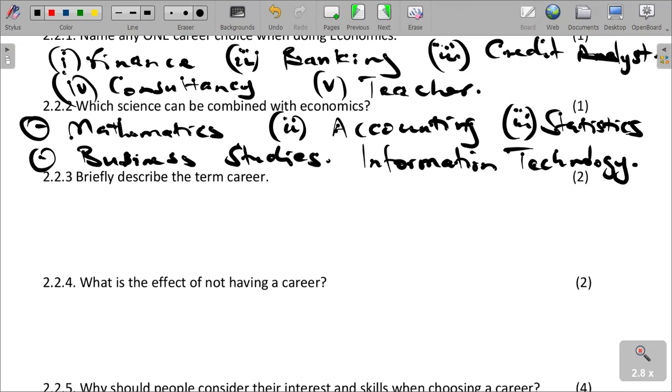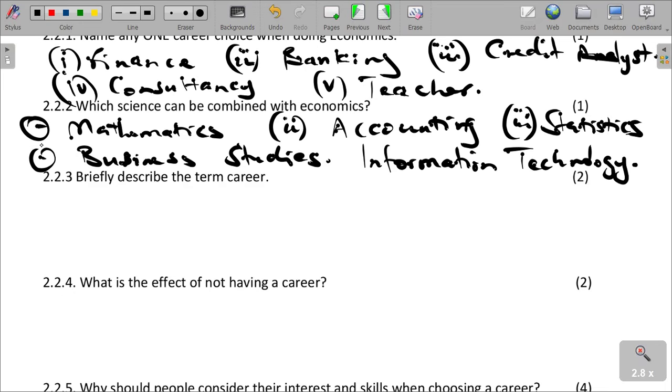So next question saying describe the term career. What is career? When we talk about career, it actually identifies a profession, jobs and positions that a person can hold during working lifetime.